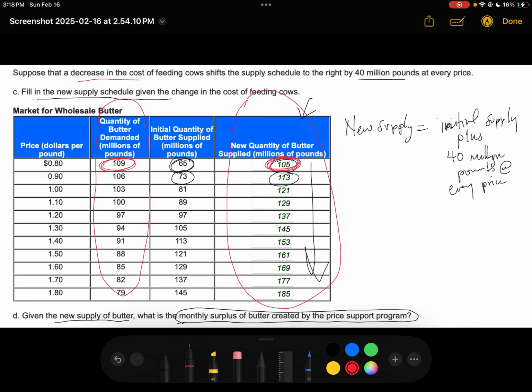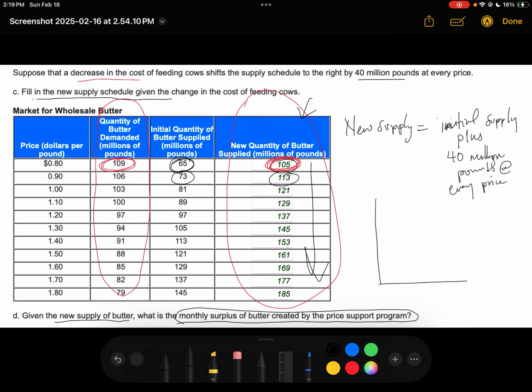Now you're going to say, oh, but this is 109 and this is 105. Yes, true. So the price that will be there could be a little less than 0.80, but that is our best shot right now. And just watch to see how I'm going to graph it. Very quickly on this side, let's get a black pen.